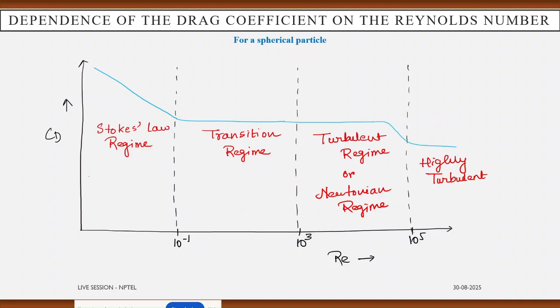So we have already derived that for the Stokes regime, CD equals 24 by Re. For the Newton's law regime, it is CD equals 0.44, which is independent of the Reynolds number.